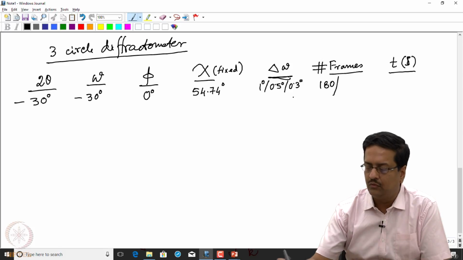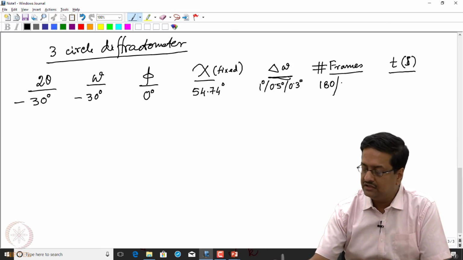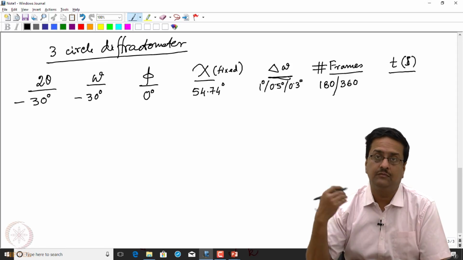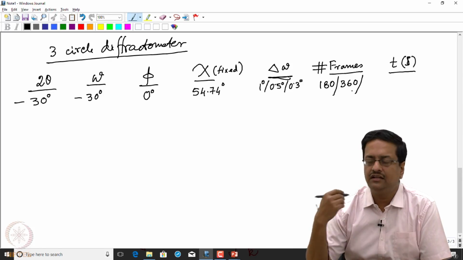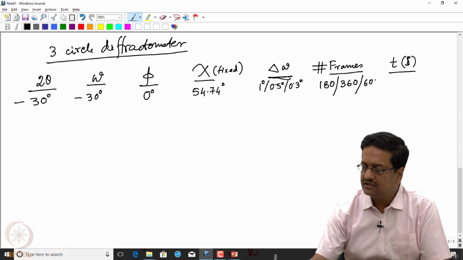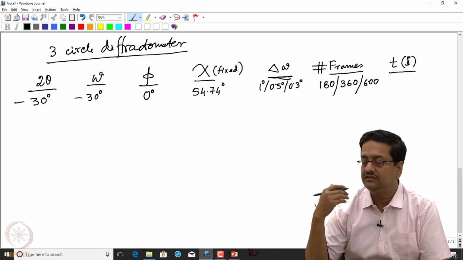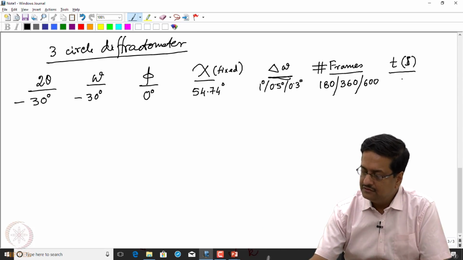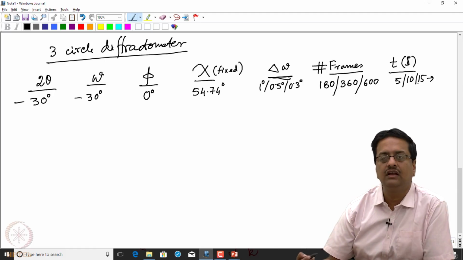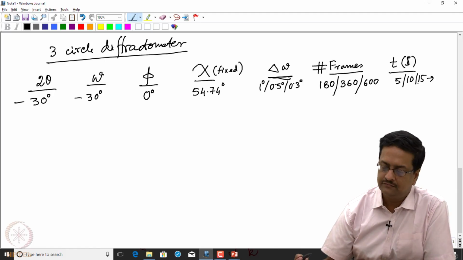If it is 0.5 degree width, then I would need 360 such frames. So, the number of frames increases. If I use 0.3 degree width, I would need 600 such frames. That means a much larger number of frames. And this time in seconds can be 5 or 10 or 15 or more, depending on the quality of the crystal, the way it diffracts.